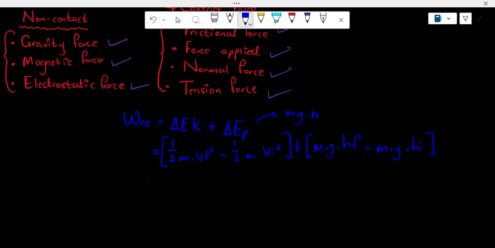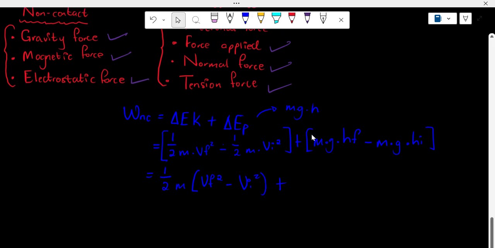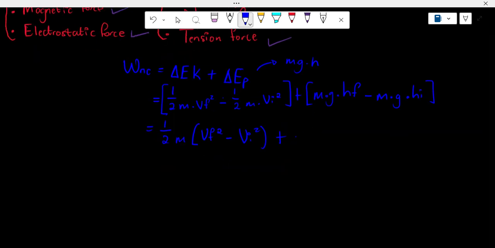If you further simplify this, you would get 1 over 2m, open bracket, v final squared minus v initial squared, close bracket, plus, and we do the same thing on the other side, we take out our common factor, mg, open bracket, the final height minus the initial height, close bracket.